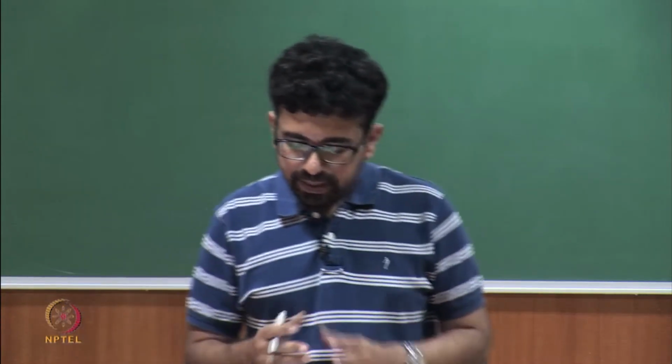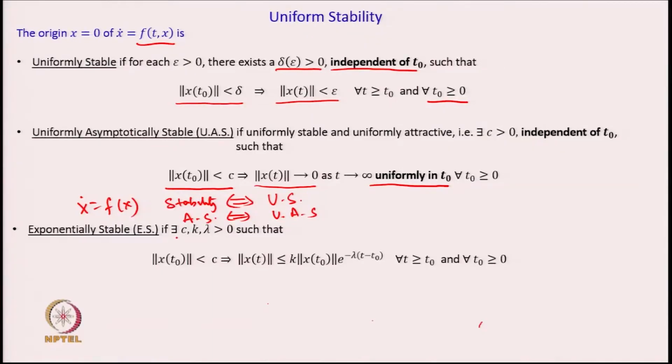So, the condition is like this: if there exist positive constants phi, k and lambda, such that if the initial conditions start within some region of radius c, then the trajectories x of t for all time are less than or equal to an exponentially decaying function, where the rate of convergence is given by lambda, and this quantity is also dependent on the initial condition x of t naught.